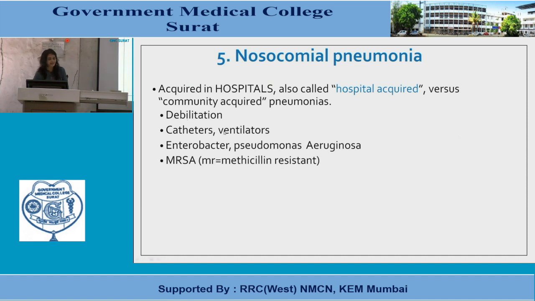Then if he secondarily develops a pneumonia because of hospital organisms, these organisms will proliferate in the ventilators and catheters. So it is called nosocomial pneumonia, and the most common organisms are Enterobacteria, Pseudomonas aeruginosa and methicillin-resistant Staph aureus. While in community-acquired pneumonia, the commonest organism is pneumococci.